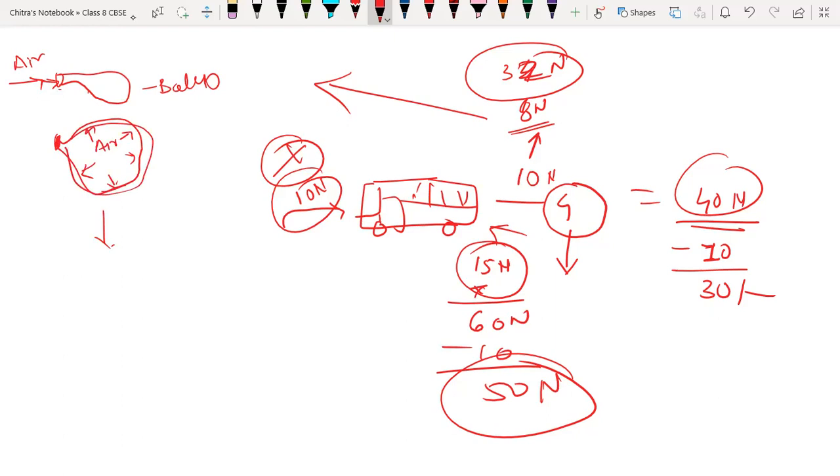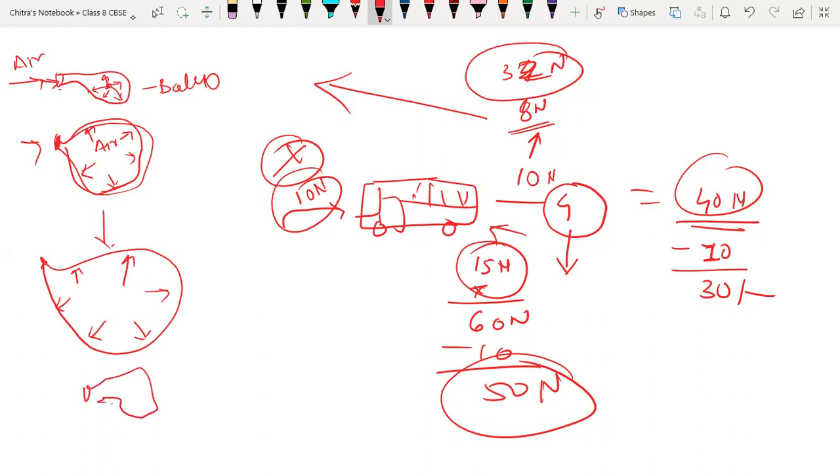Yes, sir. Why is the balloon inflating? Because when we are filling the air, the air particles apply force on the wall of the balloon. That's why the balloon starts inflating. If we are filling air continuously, then inside the balloon more force will act on the wall, and that wall is not going to withstand that particular force, and the balloon will burst.